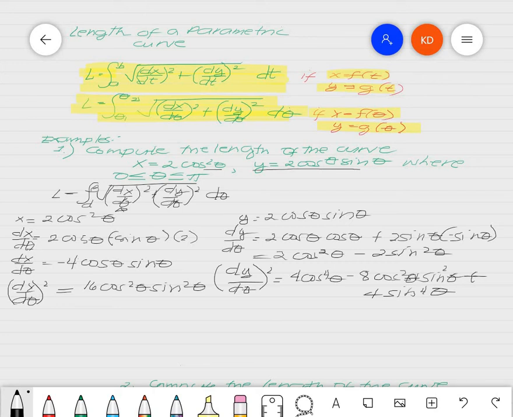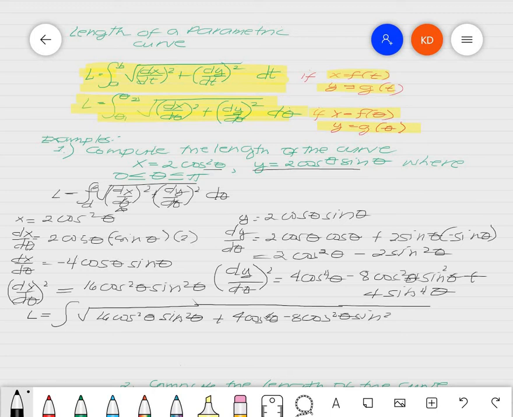So let's find the value of L. L is equal to the integration of the square root of, simply substituting, dx over d theta quantity squared, which is 16 cosine squared theta sine squared theta, plus dy over d theta quantity squared, which is 4 cosine to the 4th power theta minus 8 cosine squared theta sine squared theta plus 4 sine to the 4th theta, from 0 to pi.